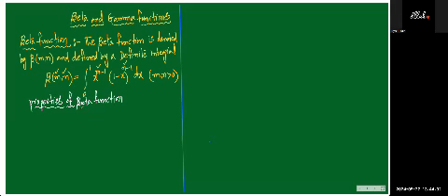We have to prove all these properties one by one, and later on these properties will become the formulas when we are solving the problems. The first property is beta of m comma n can also be written as beta of n comma m.